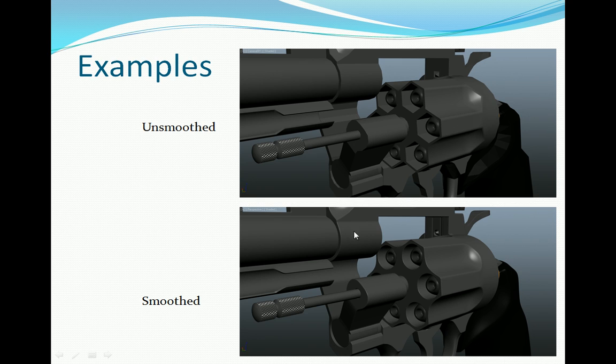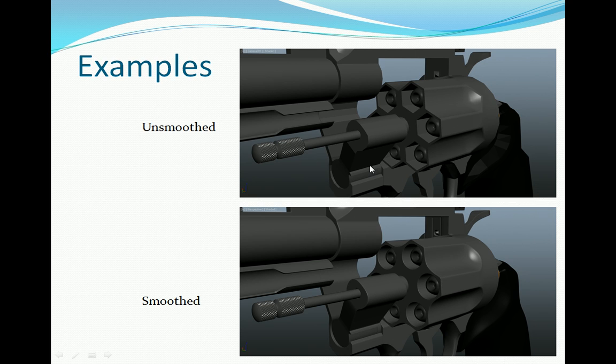When smoothed, you can see the nice curves it generates, and this blocky thing here actually appears really round, and the handle here has some nasty angles and it all smooths out. So this is the kind of realism you can achieve with Mesh Smooth or Turbosmooth.